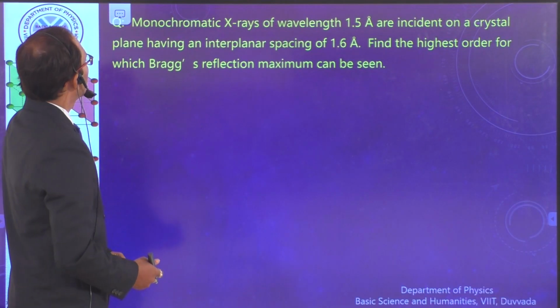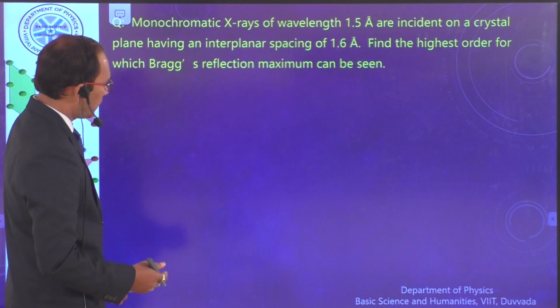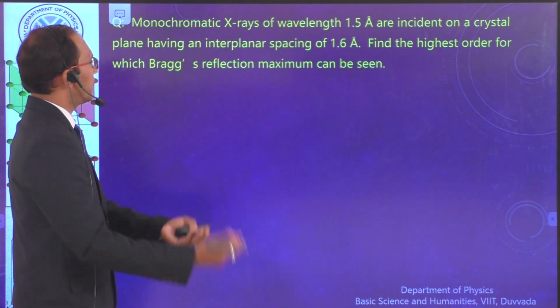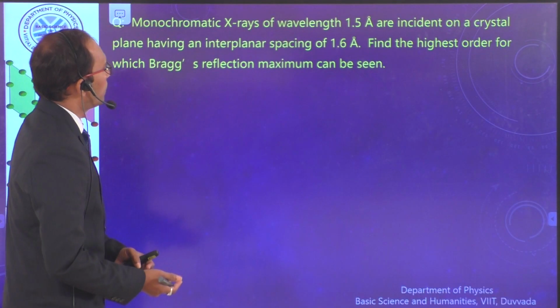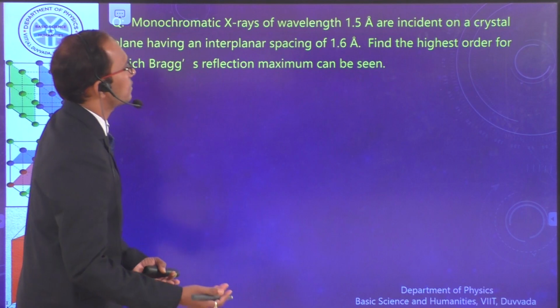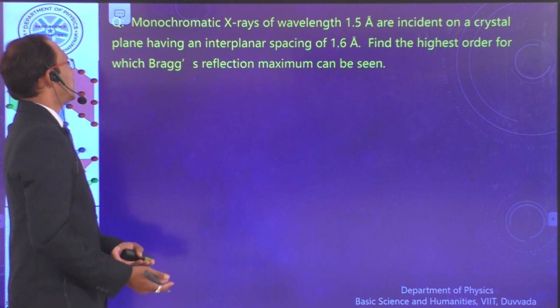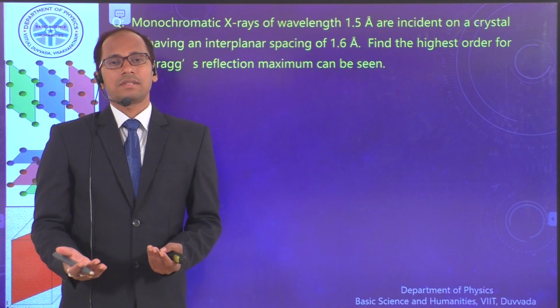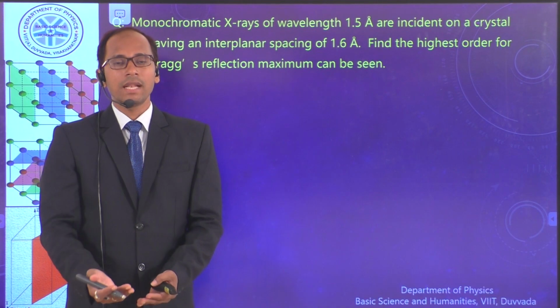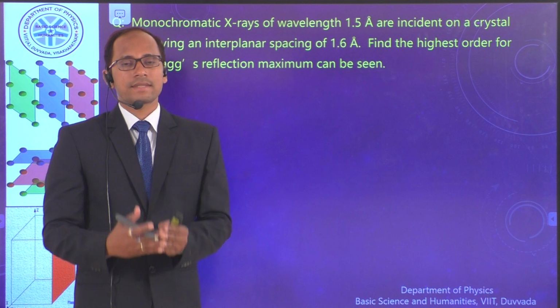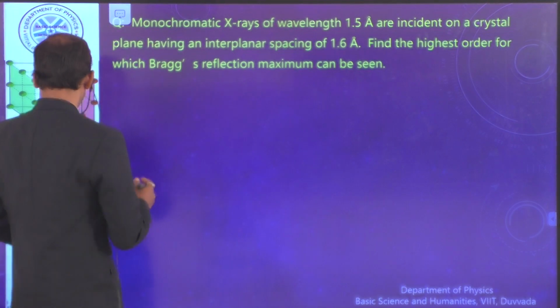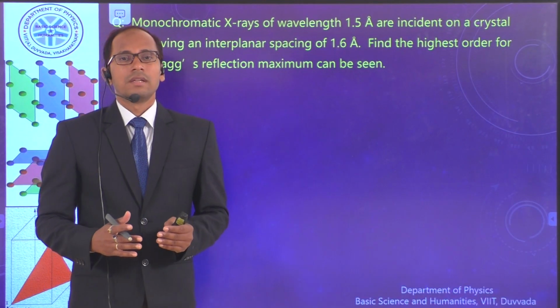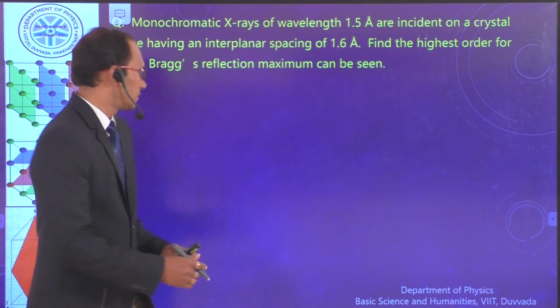Monochromatic X-rays of wavelength 1.5 angstrom are incident on a crystal plane having interplanar spacing of 1.6 angstrom. Find the highest order at which Bragg's reflection maximum can be seen. That means what is the highest order? That means the limitation of Bragg's condition is being asked. Okay, let us solve this.